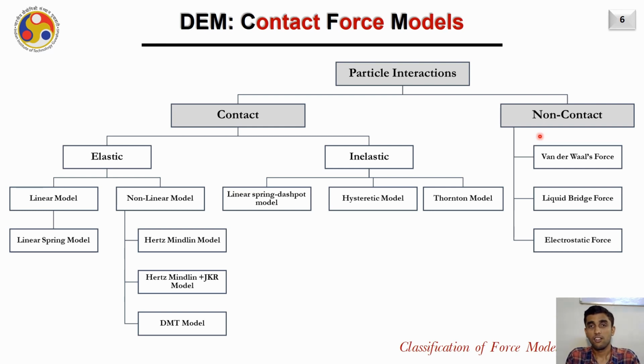For example, if there is a van der Waals force amongst the powder particles, or if the particles have an electrostatic charge on them, then through appropriate non-contact force models or body forces, we can take these into account. Again, in today's session we are not going to be looking at the non-contact forces. The only body force that we will be considering is gravity.